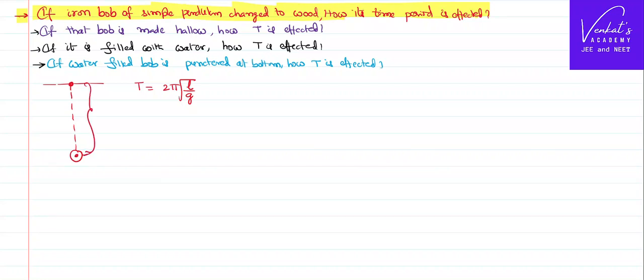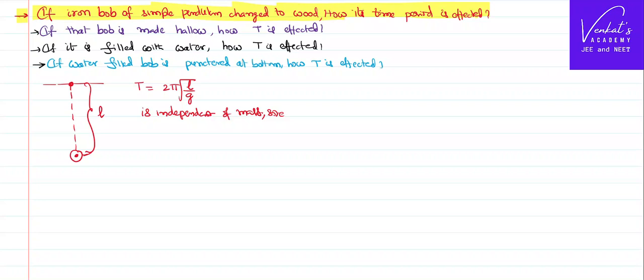That is L here. Now, have you noticed that it is independent of the mass of the bob, or the size of the bob, even the shape of the bob, but it has to be spherical so that the pendulum moves in simple harmonic motion.